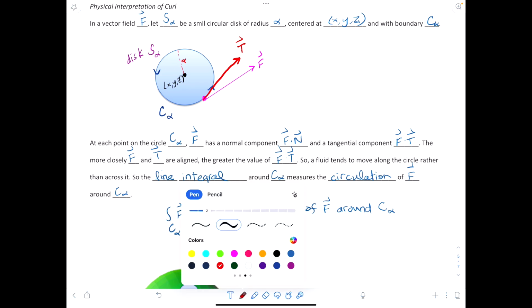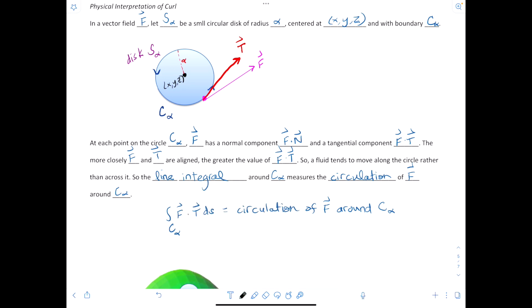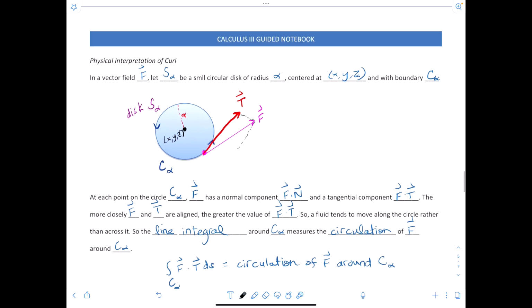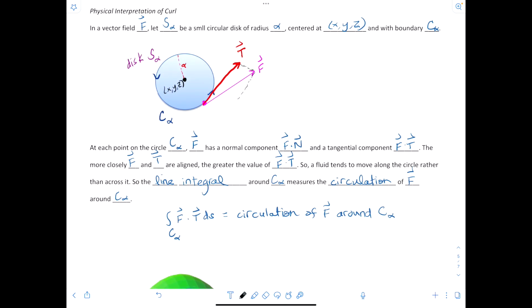And then if we just sort of draw some visuals here, what we have going on, all right, is this portion right here is the dot product of F and T. And so that's the length right there.